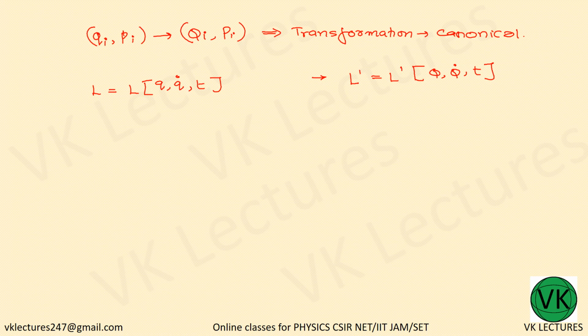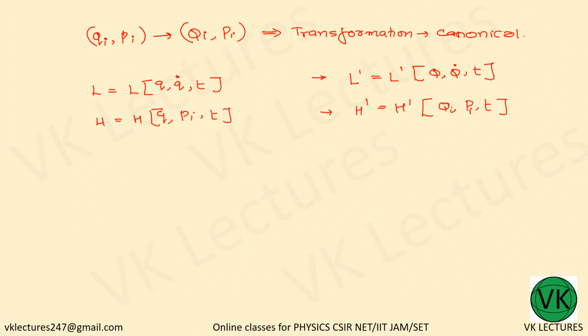Similarly the Hamiltonian is a function of qi, pi and t, that is everything small. H dash is the Hamiltonian as a function of capital Q, P and T, or you can write Qi, Pi.